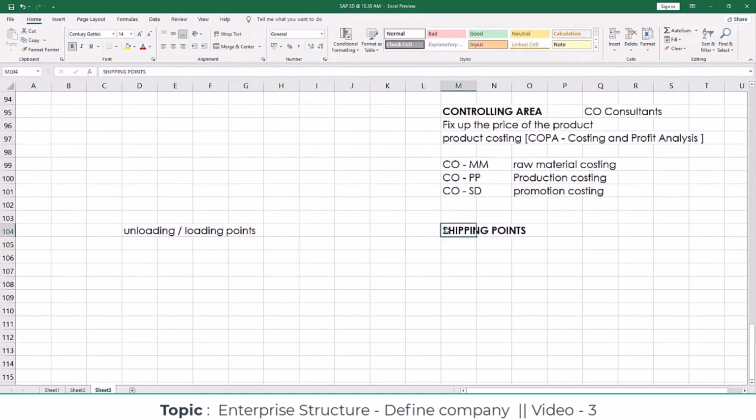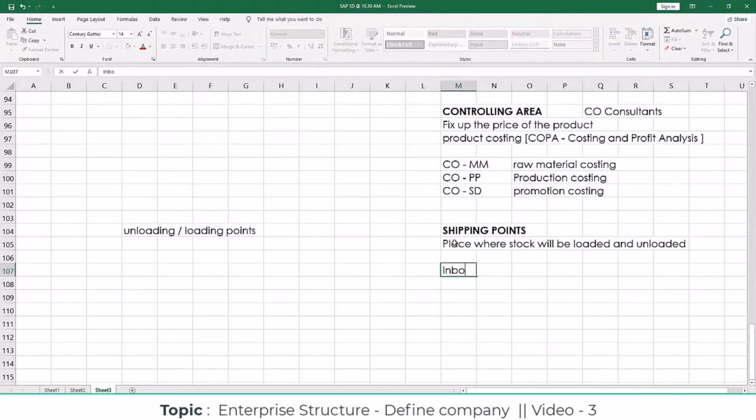When we talk about a shipping point, this is nothing but the place where stock will be loaded and unloaded. So nothing but the place where you receive the stock and where you dispatch the stock. We normally call it inbound delivery where you receive the stock, and stock going out of the company we call outbound delivery. Inbound and outbound.